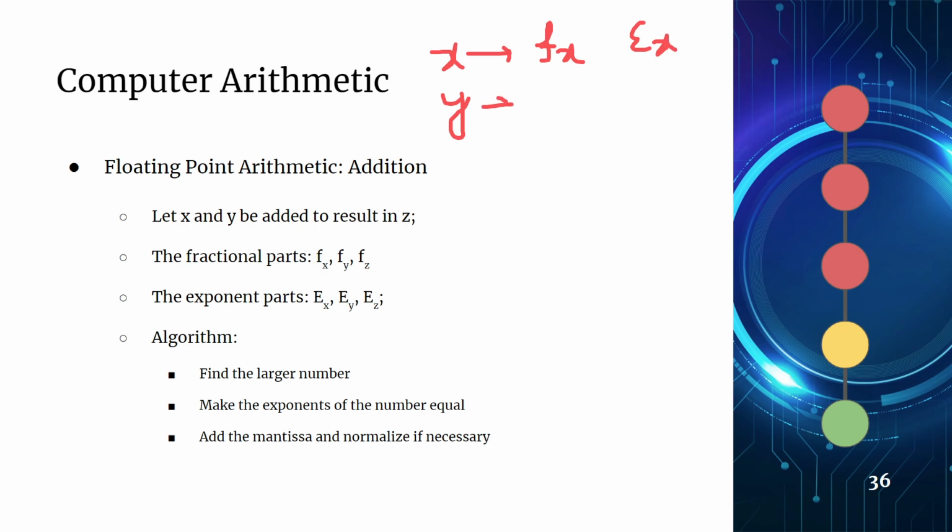Similarly, y will have two parts, f of y and e of y, and there is the result which will be expressed as z. It will be called f of z and e of z.